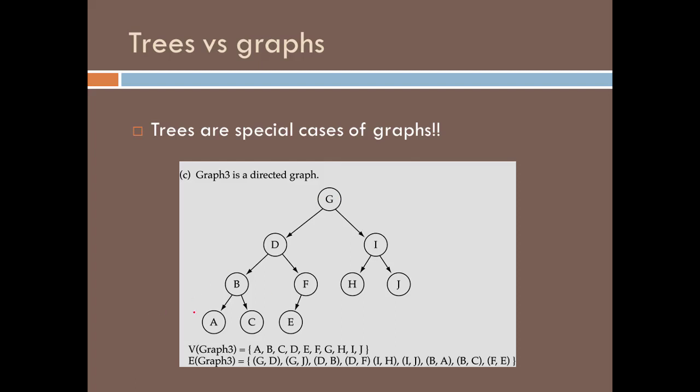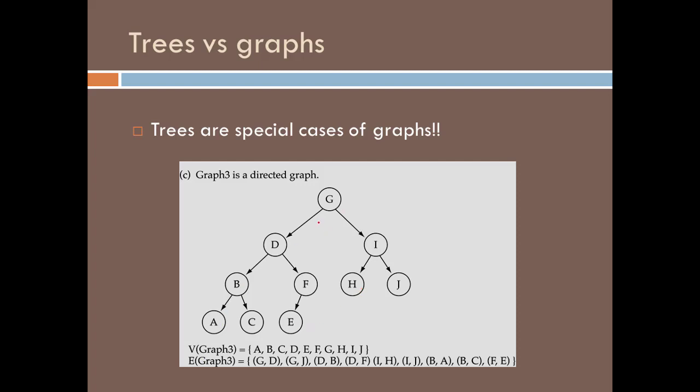Okay, so if we try to identify the vertices of this graph, we will see A to J, they will be the vertices in this graph: A, B, C, D, E, F, G, H, I and J. And these are the edges of this graph.